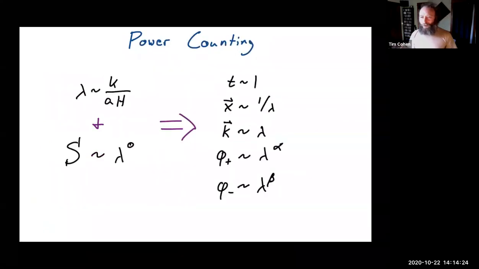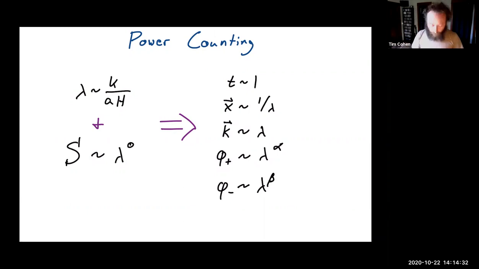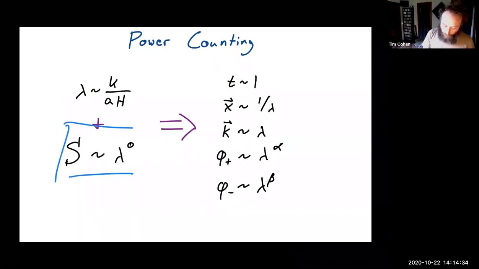In particular, once you know the power counting, which is an input, we impose this on the effective theory. We say it power counts this way, and you enforce that the action power counts as order 1.